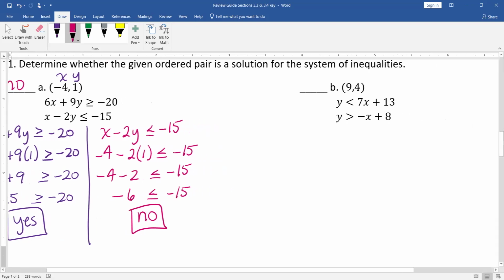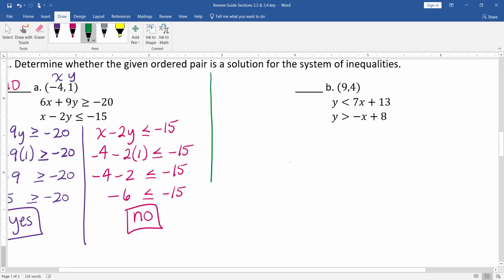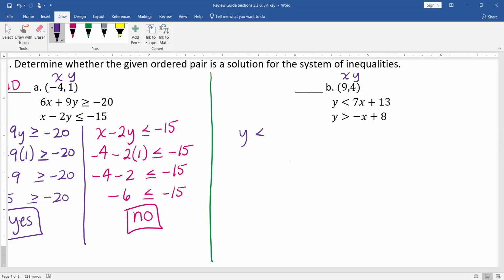All right, so let's try with the other one. Again, my x is 9, my y is 4. So y is less than 7 times x plus 13. Y is 4. This is a big number, so 4 is definitely going to be less.